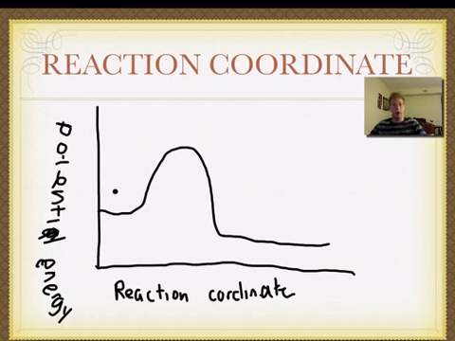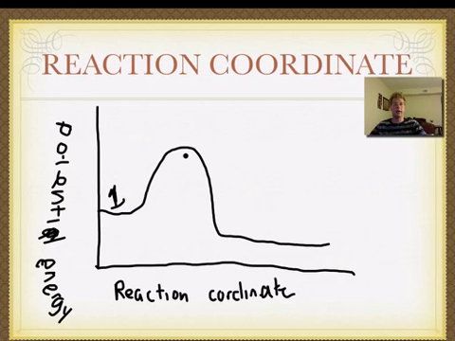At point 1 on the graph, this is your reactant. For example, when you put gasoline in your car engine, that's the reactant.